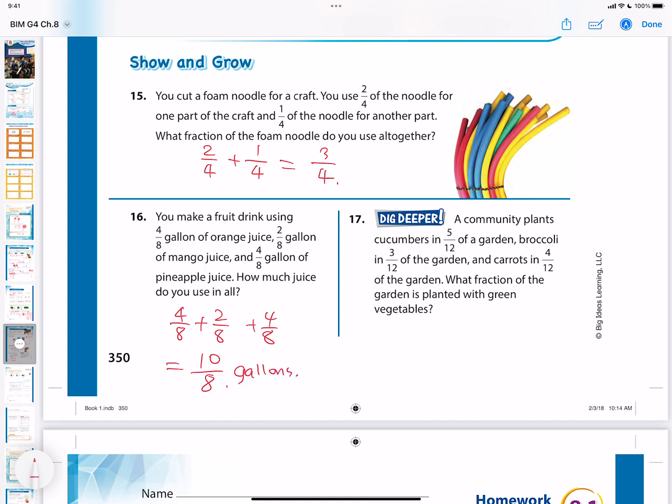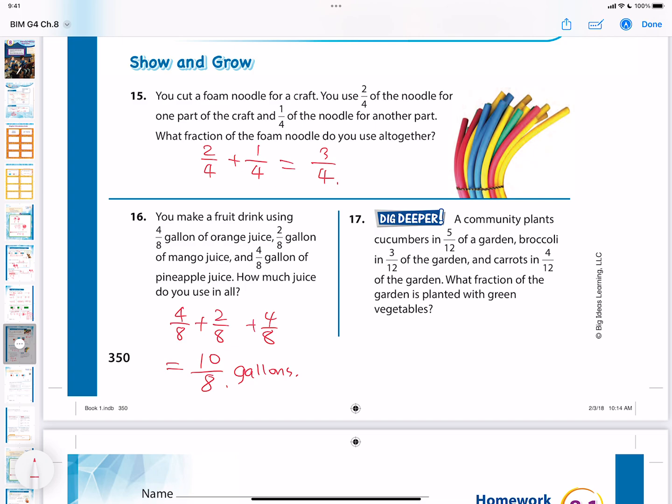Now number 17. A community plants cucumbers in 5/12 of a garden, broccoli in 3/12 of the garden, and carrots in 4/12 of the garden. What fraction of the garden is planted with green vegetables? All right.